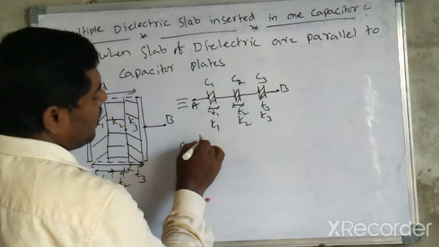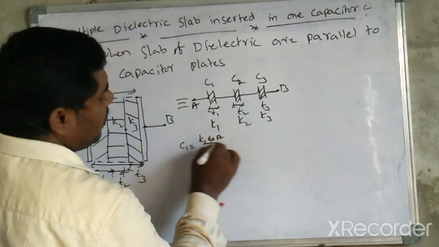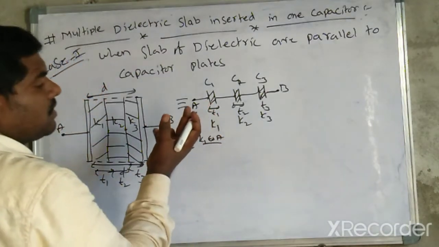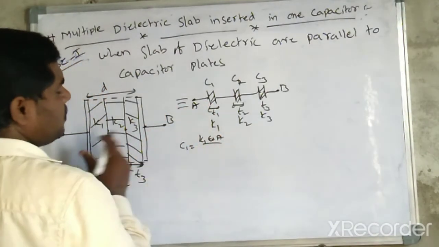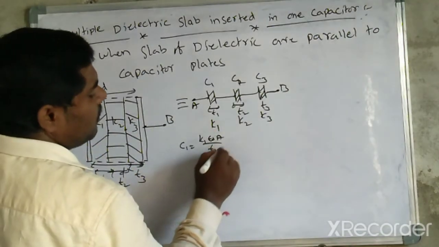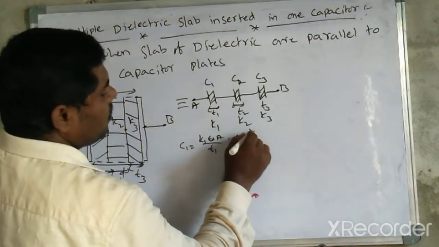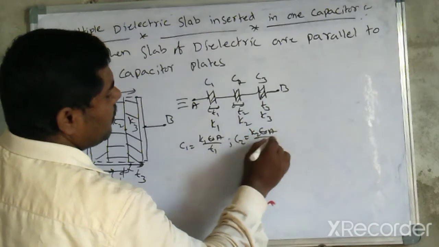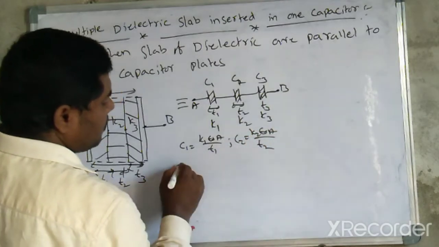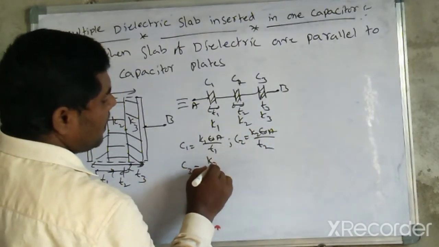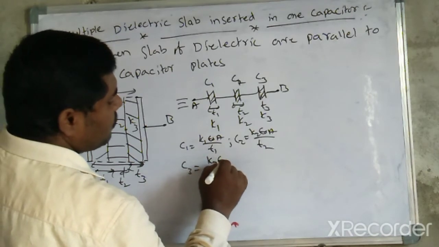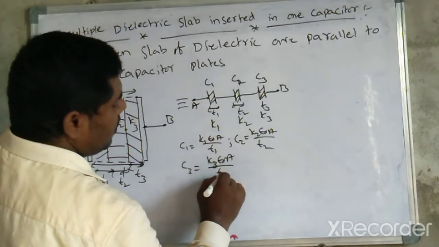C1 is equal to K1 epsilon naught A divided by T1, where the separation distance is T1, and C2 is equal to K2 epsilon naught A divided by T2, and similarly C3 is equal to K3 epsilon naught A divided by T3.